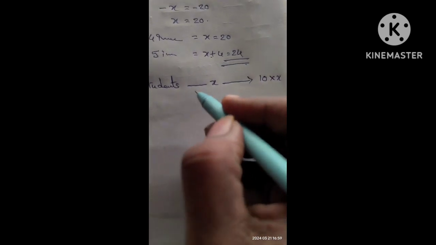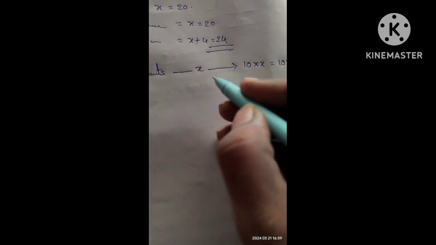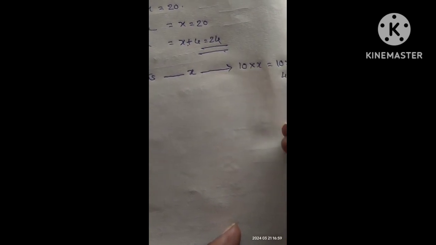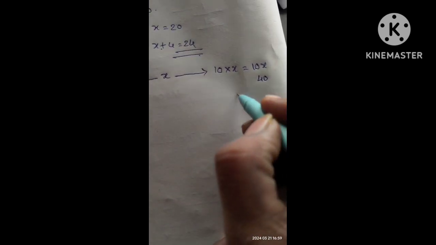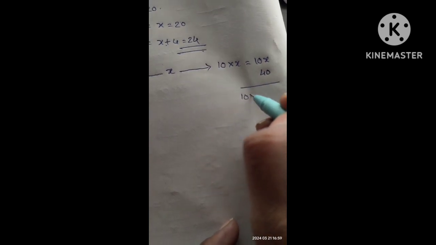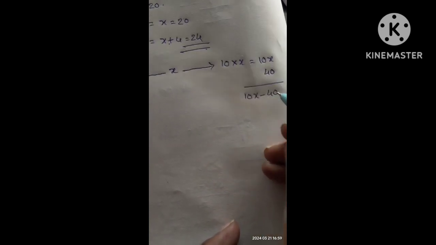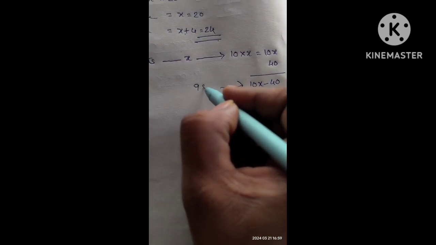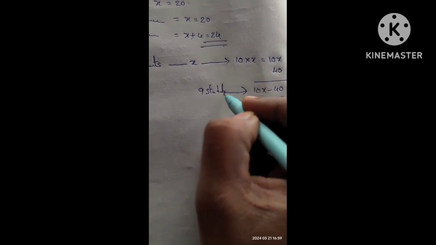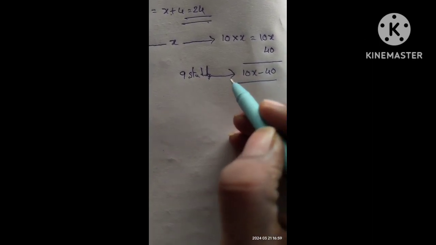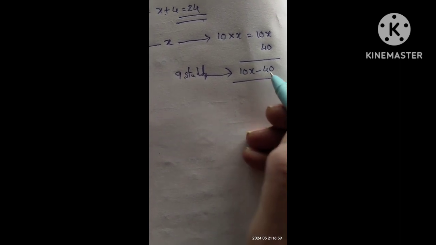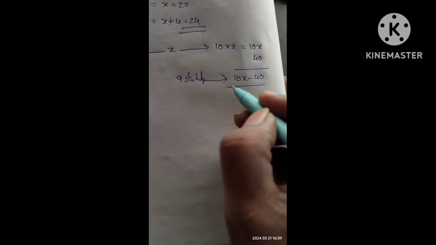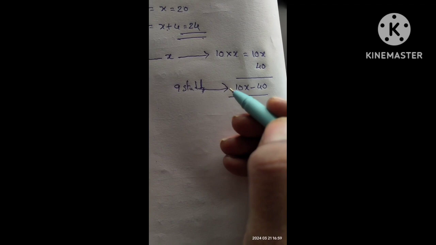In the 10x, one girl is there, her weight is 40 kgs. So first we are replacing her. First remove the 40, then 10x minus 40. This is for 9 students because we are removing one girl. So this is the sum of the weight of the 9 students except the girl. But in the place of the girl, we replaced a boy.